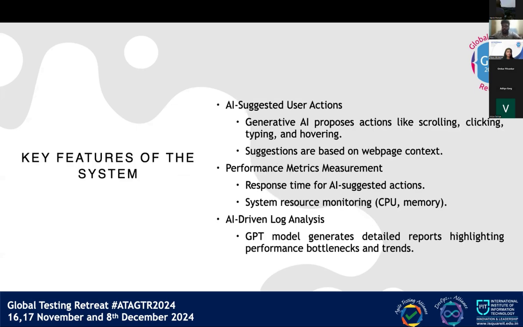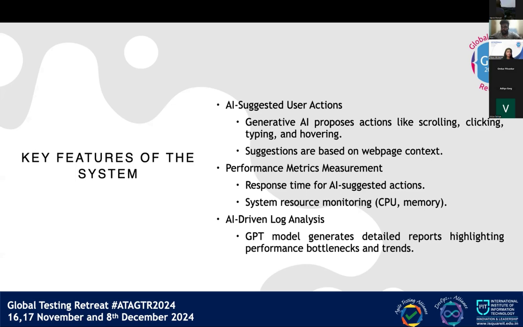Let's look at the key features of the system. First, we have AI suggested user actions. This is where GPT comes into play. It looks at the web page content and suggests actions like scrolling, clicking links, typing into forms, or hovering over elements on the web page.